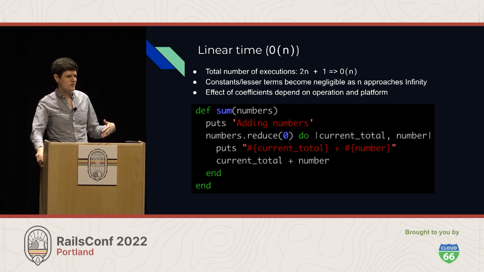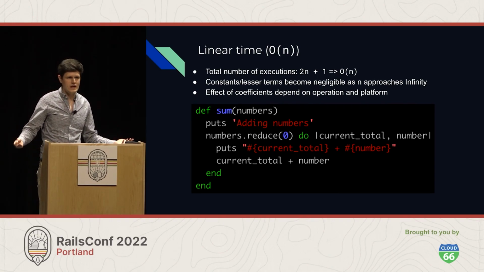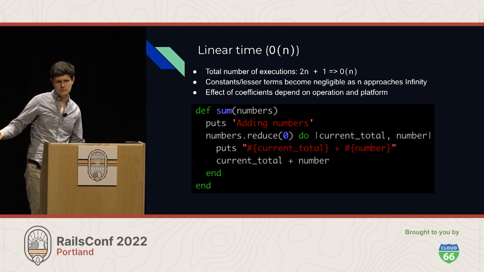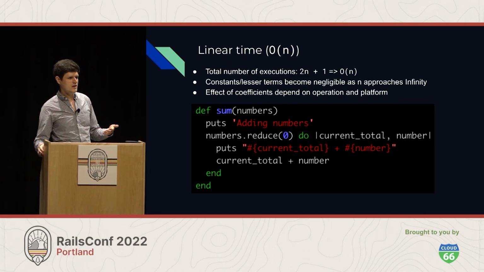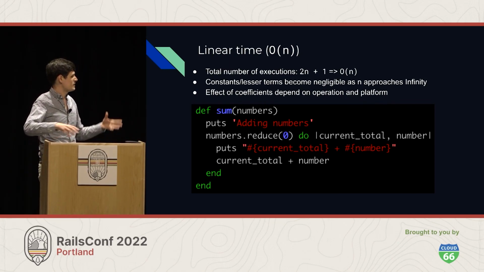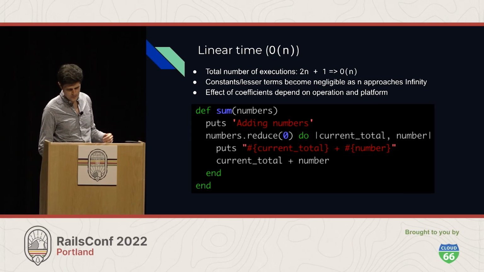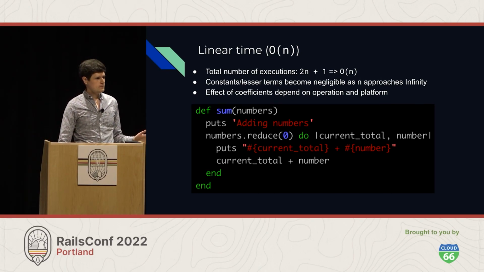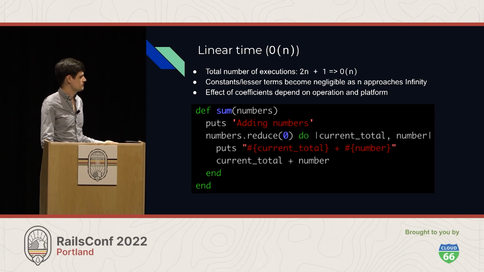That's because when you're implementing your code and running it in different environments, different things might happen. Like if you're working with very fast memory versus very slow memory, or you're running Ruby 1.8 versus Ruby 3.1. So these things all kind of just make the coefficients less precise and valuable, so we just get rid of them. Okay, so we've talked about how algorithms are analyzed in terms of their complexity.